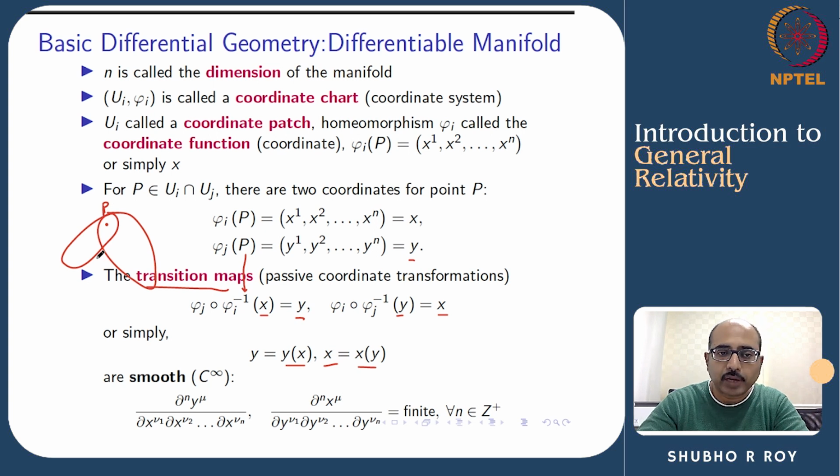And remember, in the physics language, two coordinate charts are just two coordinate systems. So this transition map relates coordinates of two different coordinate systems. So this is the situation where we have the same point, but we have two coordinate systems, the original and the rotated coordinate system. So this is like a passive transformation in general relativity.